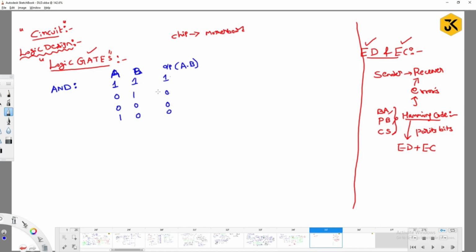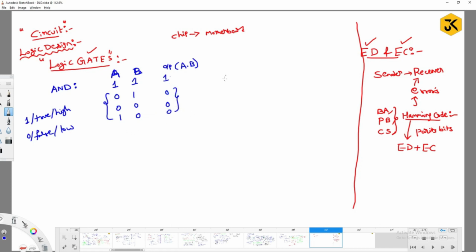This 1 represents true or high, I can call it alternatively in this subject. 0 represents false or low, meaning that when both inputs have high voltage, I get the output as high voltage. When any one of the inputs has low voltage, I get the output as low voltage.